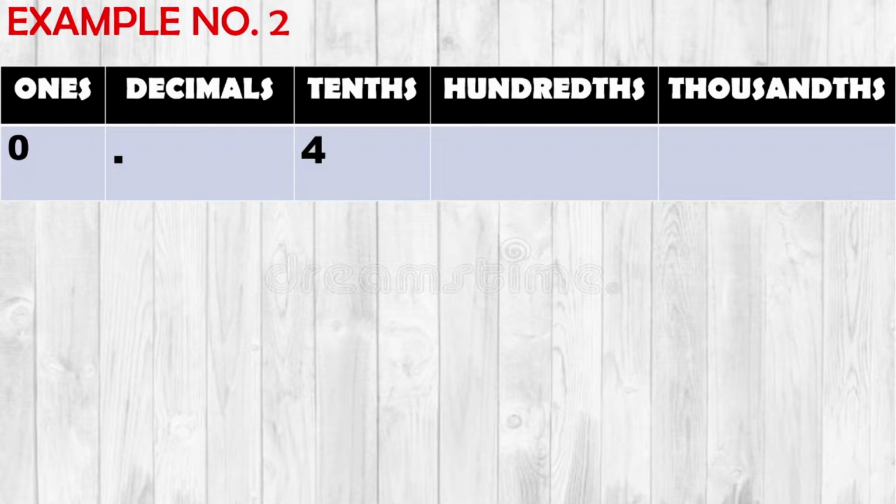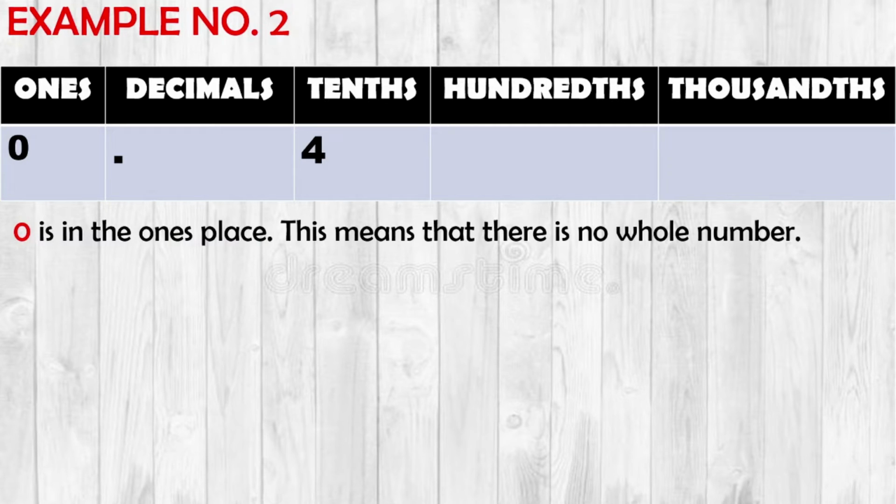Example number 2. Okay, again, under the place value of ones, we have 0. So, we have no whole number. Then, we have in tenths, 4. So, we have 0.4. Now, let's see what the value and place value are, and how to write 4/10 or 0.4. 0 is in the ones place.